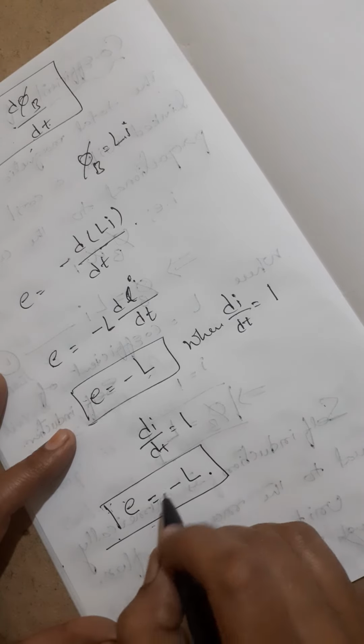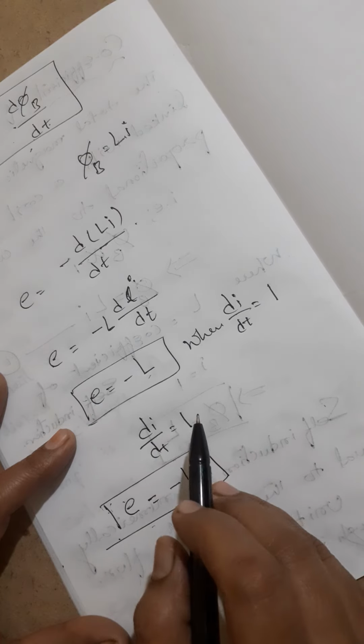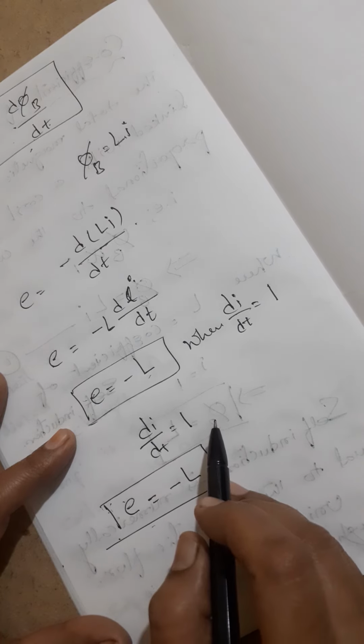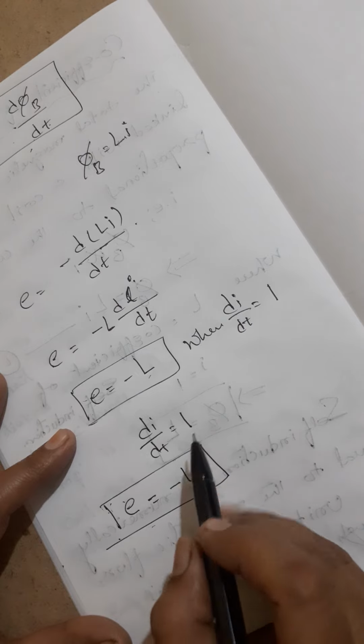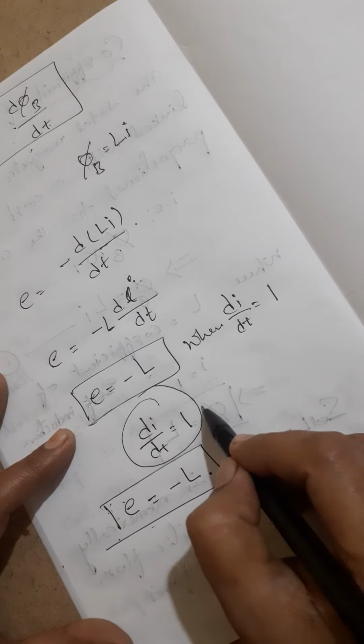Or we can say that the coefficient of self-induction is numerically equal to the induced EMF in the coil when the rate of change of current is unity.